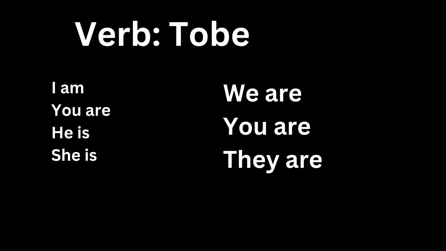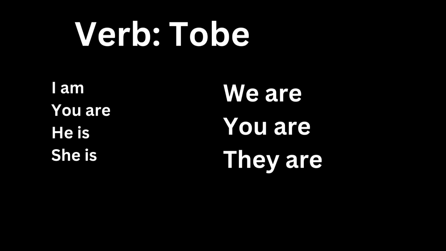In English, this is how we use the verb to be. Depending on the personal pronoun that we are using, we are going to say I am, you are, he is, she is a girl, she is beautiful, he is tall, you are late, I am a teacher.